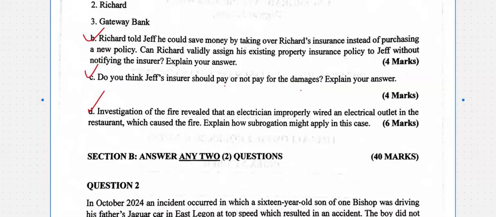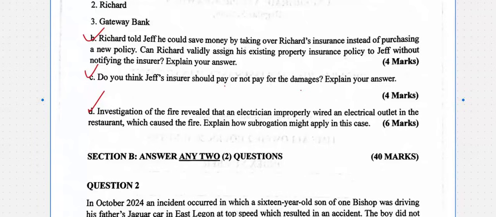All right. D. Investigation of the fire revealed that an electrician improperly wired an electrical outlet in the restaurant. So how were they able to identify the loss exposure? It was through inspection. So they did an investigation. Remember, we've done the risk management process. The first is to identify the loss exposure, and there are types of loss exposures.